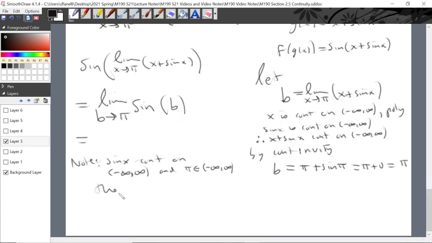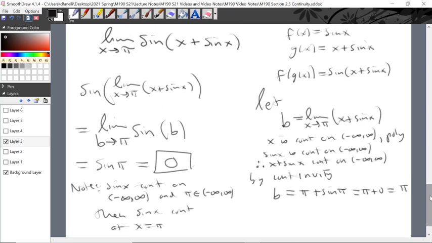All right, then sine of x is continuous at x equals pi. Therefore, we can evaluate this limit now by just plugging in pi. We verified that this is continuous there. And then this output is 0.